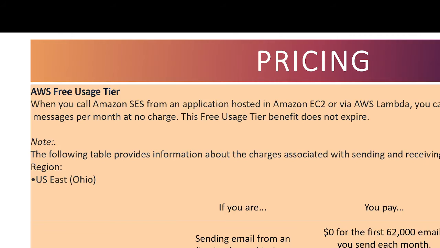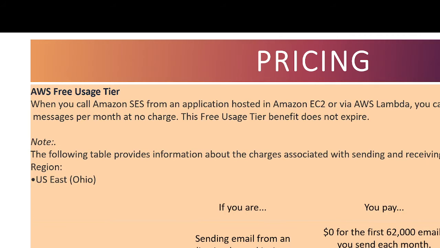Also, when sending email from an email client or other software package, you will pay $0.10, which is 10 cents, for every 1,000 emails you send, and $0.12, which is 12 cents, for each gigabyte of attachments that you send.